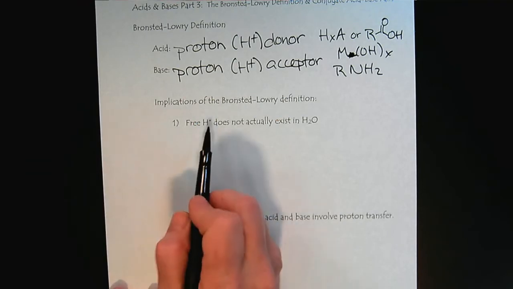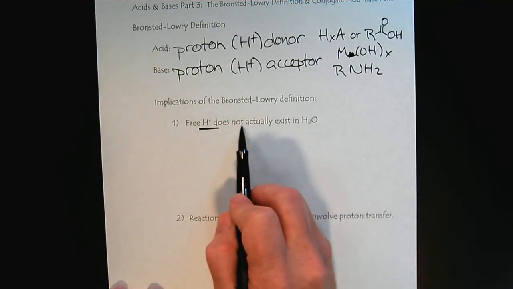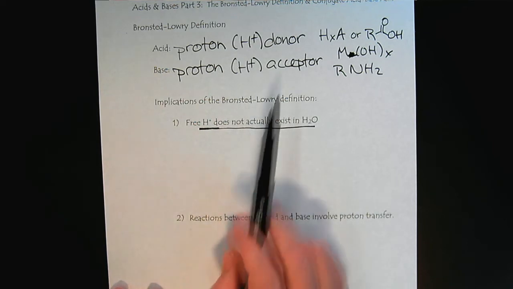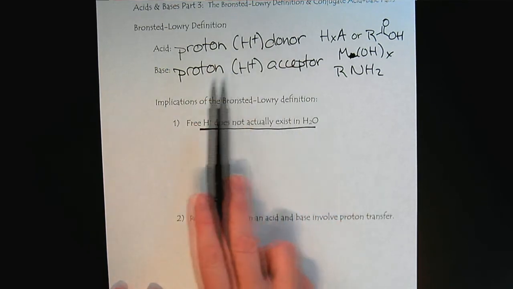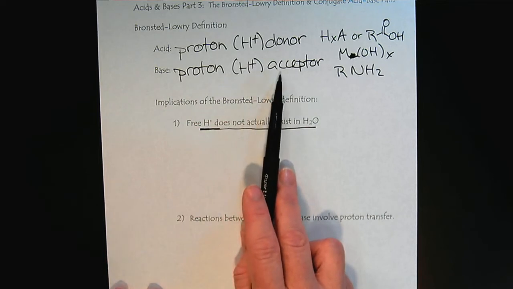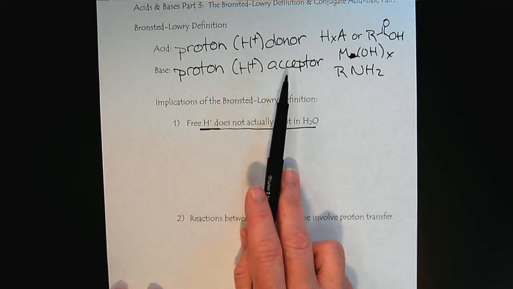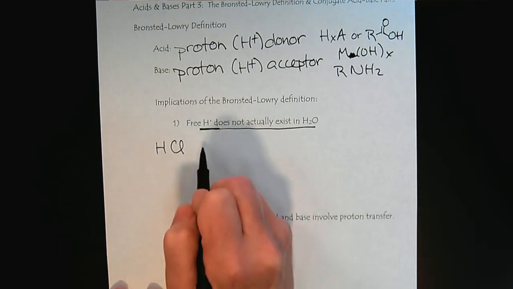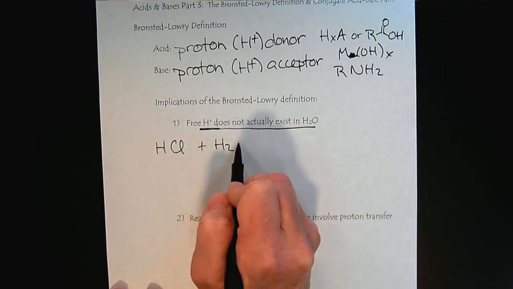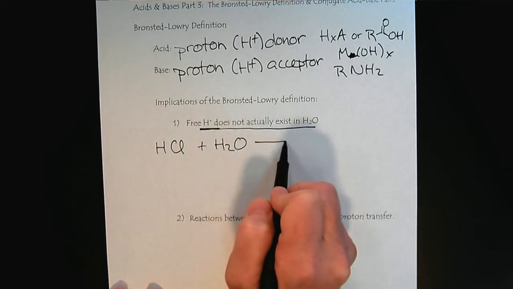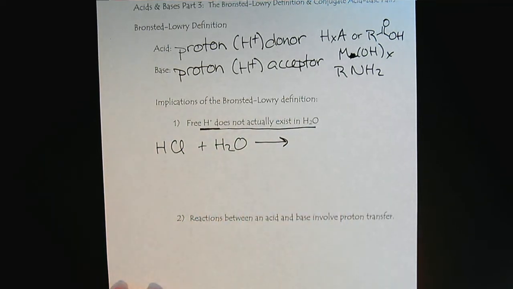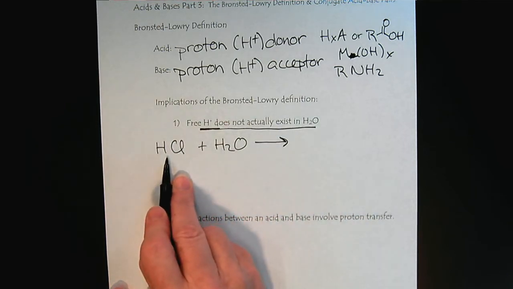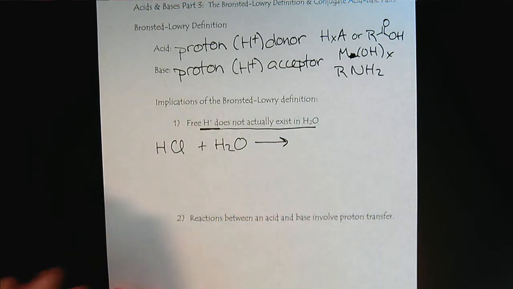Basically, it says that H+ does not actually exist in water, that if the proton is donated, some chemical species must accept it. All right, so let's look, for example, at hydrochloric acid. When we put that into water, it's a strong acid, so we'll use a full reaction arrow. Then we would say that this is the acid, so it's the proton donor.